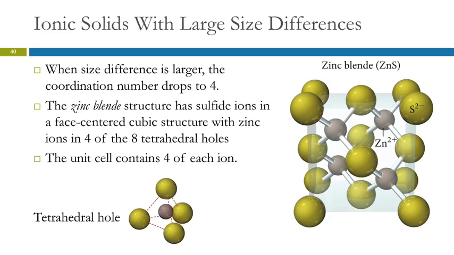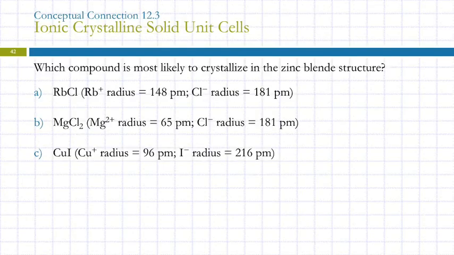So that's what we're looking for to answer this question. One of these we can eliminate right away based on charges. Which one? B. In B we have MgCl2, a plus 2 and a minus 1. That's a 1-to-2 ratio, so that can't work. That could be fluorite or anti-fluorite, but it can't be zinc blende.